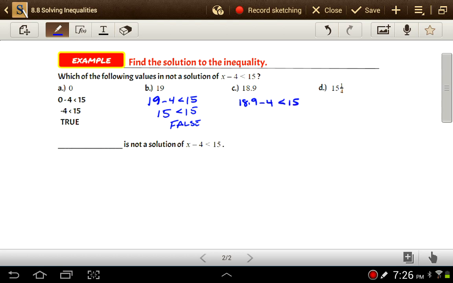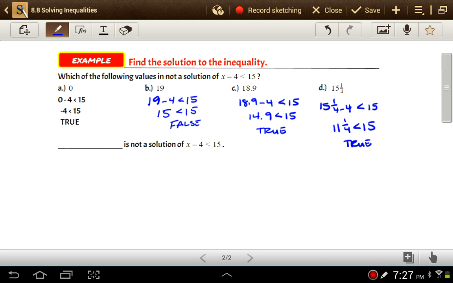Well, 18 minus 4 is 14, so I get 14.9 is less than 15. Is that true? Yes, that is true. Now D, I plug in 15 and 1/4. 15 and 1/4 minus 4 is less than 15. 15 minus 4 is 11, so I have 11 and 1/4 is less than 15. So that is a true statement.